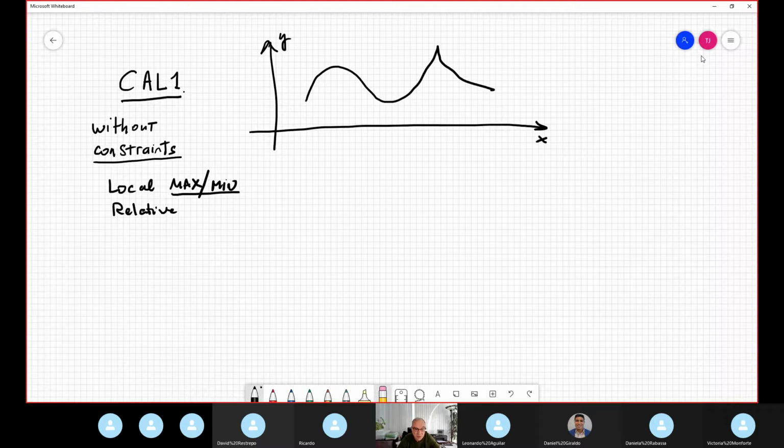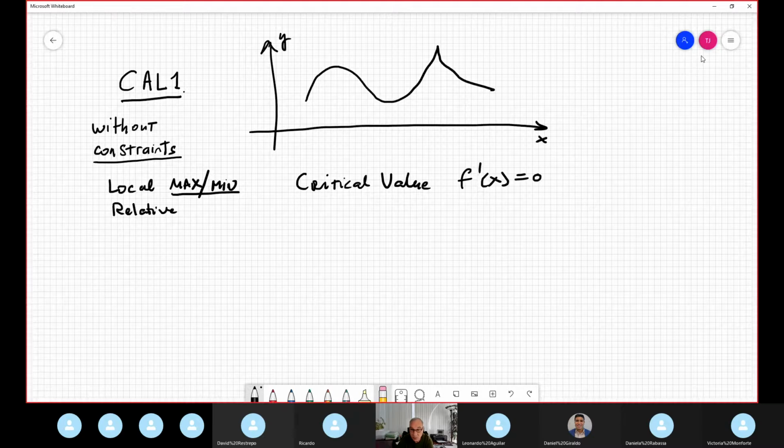So it's easy. You find the critical value, and you find the critical value when the first derivative of the function is 0 or does not exist. That's the definition of the critical value.